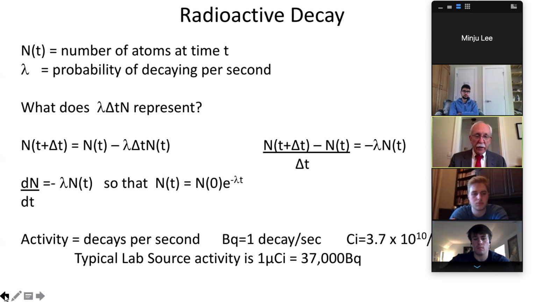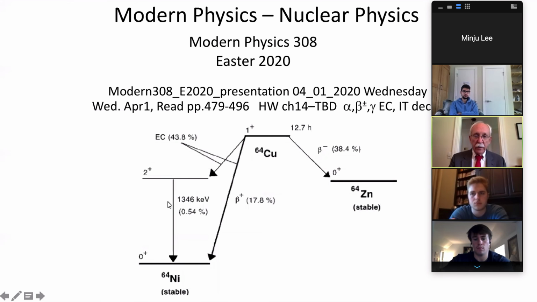So if I go back to copper 64, what is its lambda? Can you calculate that for me? Just calculate lambda.